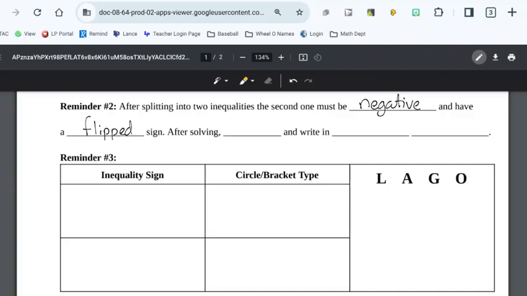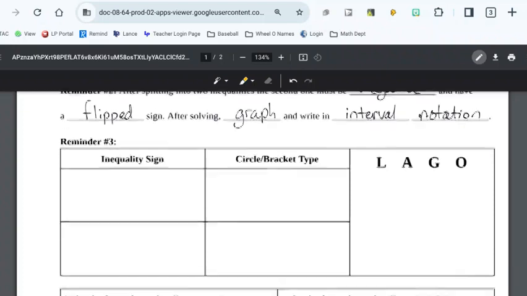After solving, we are going to graph and write in interval notation, which we have done in AND and OR problems before. This time, though, we just have to make sure that we have the absolute value isolated before we do so. And it's going to be an AND or it's going to be an OR problem.